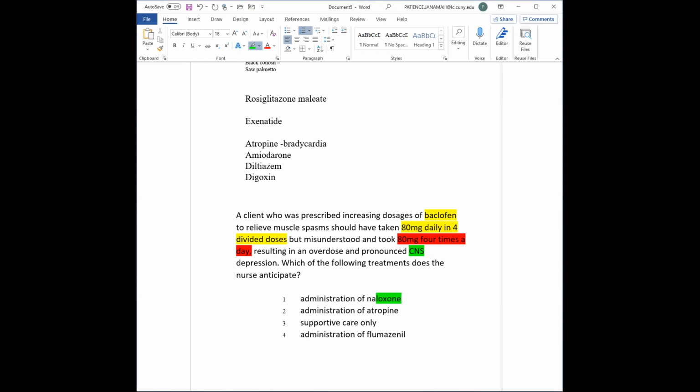Because the person is overdosed, most likely going to have respiratory depression and the rest of the thing. That is CNS depression. So I think, or I don't know if I'm wrong, the flumazenil. It's a benzodiazepine antidote. Yeah, if a patient overdoses on Valium or Xanax, flumazenil is the antidote for those medications, benzodiazepines.